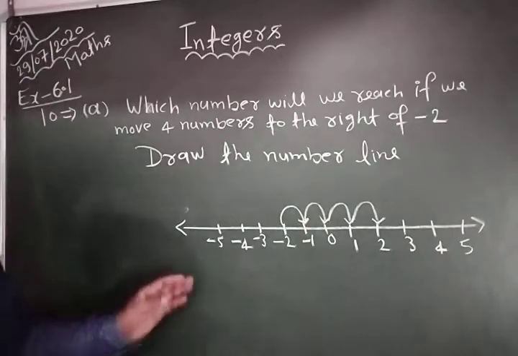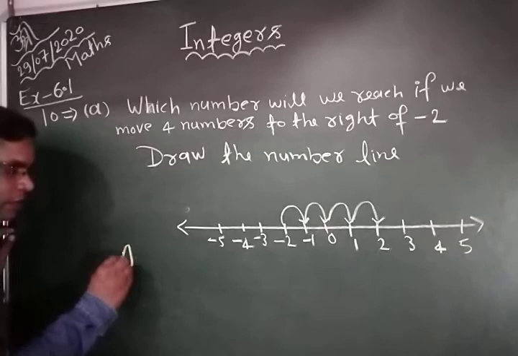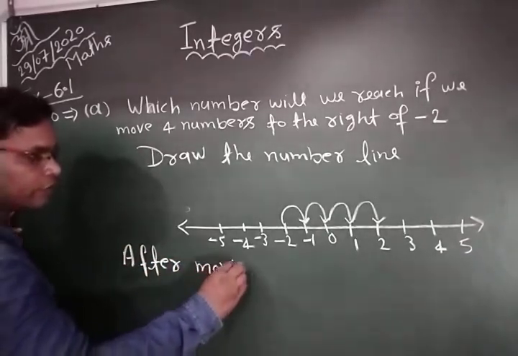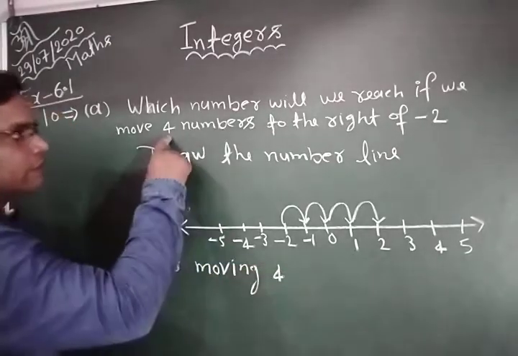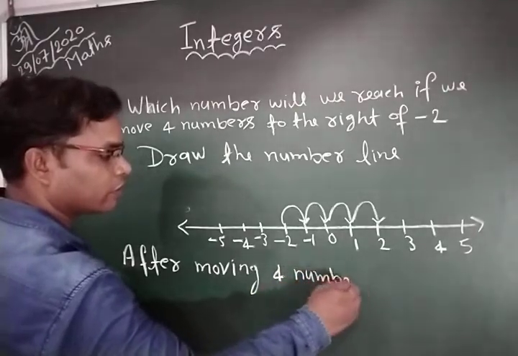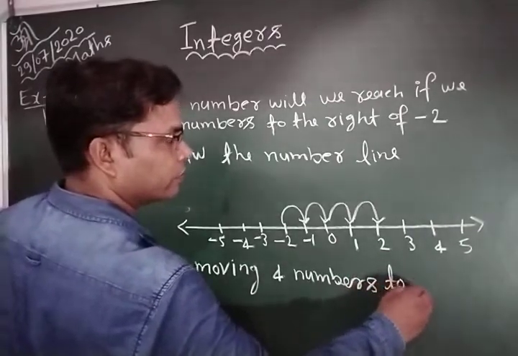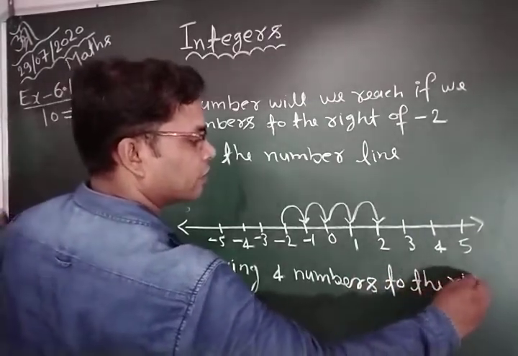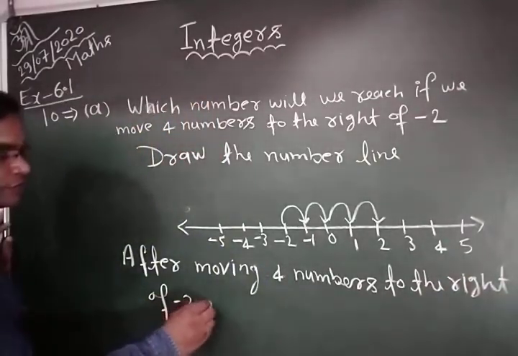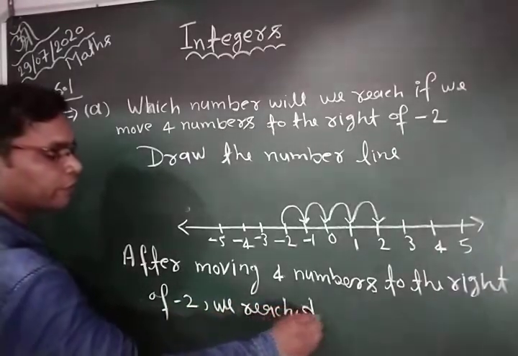So you can write here at last, after moving 4 units, 4 numbers to the right of minus 2, we reach... where do you reach?